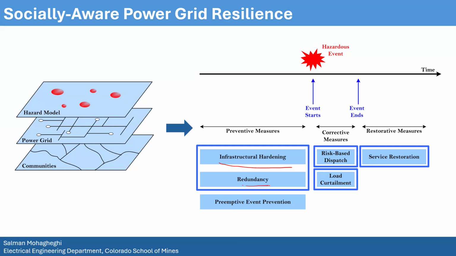During the course of the event, especially when utilities want to implement load shedding and load curtailment, the priorities of these different nodes in different demand areas based on their social vulnerability level can be incorporated into the load shedding algorithm so that the load is cut from areas that need power less or are less vulnerable to loss of power. And naturally, for service restoration, the same logic applies. You restore circuits and feeders based on the level of social vulnerability of the individuals that are supplied by that feeder.